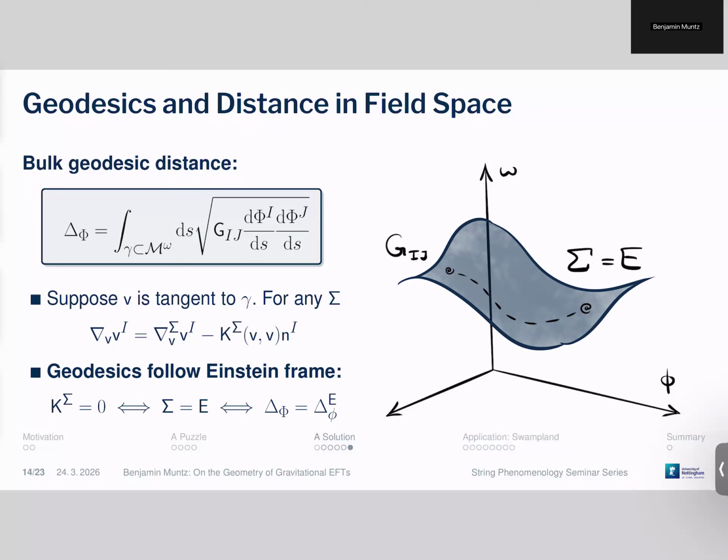And so our message is that if you want to compute covariantly the geodesic distances in these sorts of field space geometries when coupled to gravity, really you should be doing it in the Einstein frame. Great.